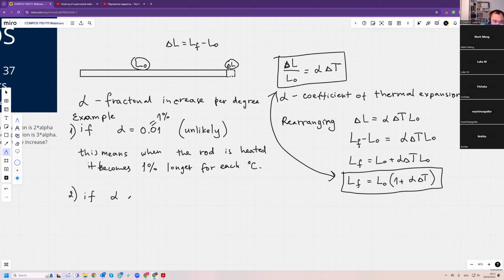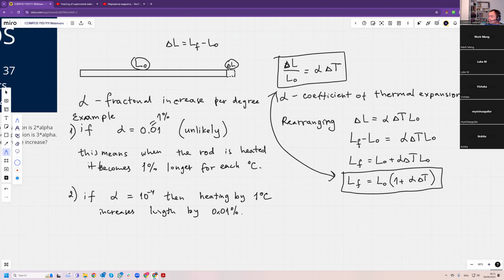If alpha is 10 to the minus 4, which is a more realistic value, then heating by 1 degree Celsius increases the length by 0.01%.